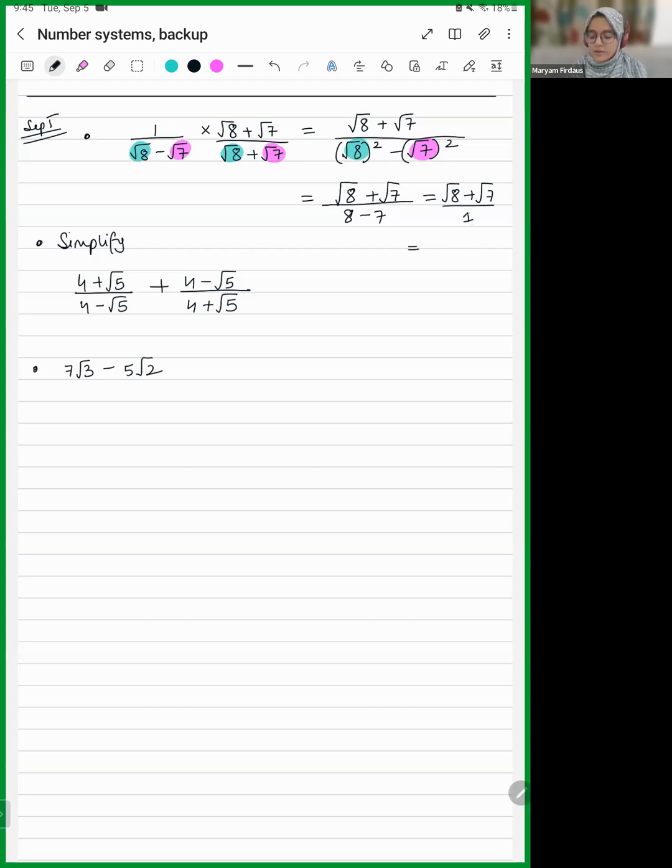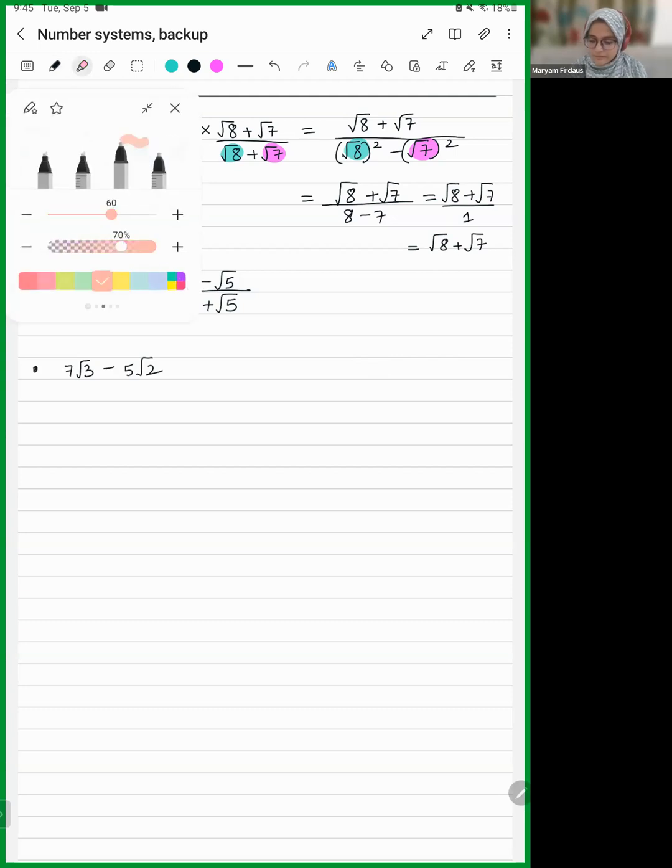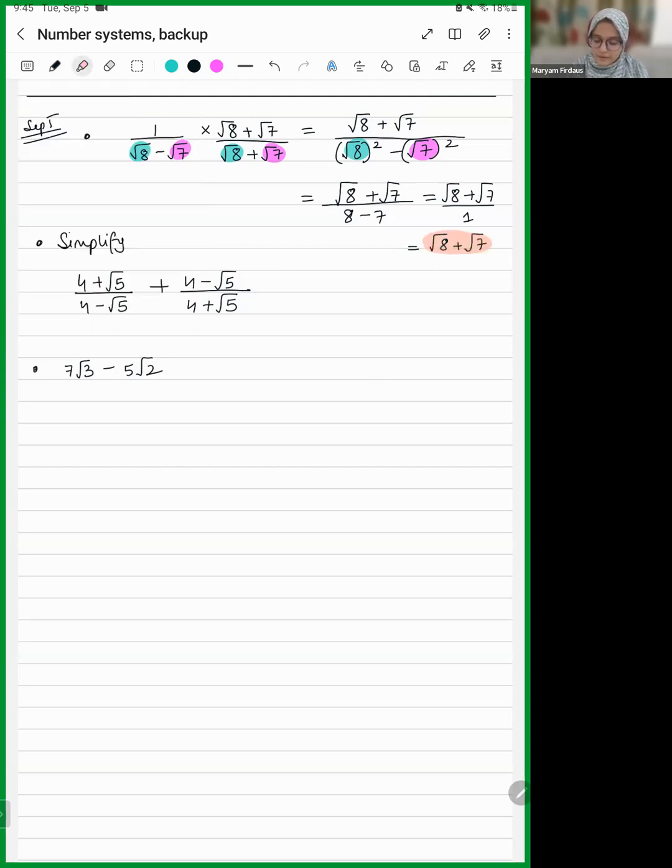Anything divided by 1 is what? What is 5 divided by 1? 5 itself, right? So instead of writing this, I can simply write it as root 8 plus root 7, right, Munir? Yes, ma'am. This is the final answer.